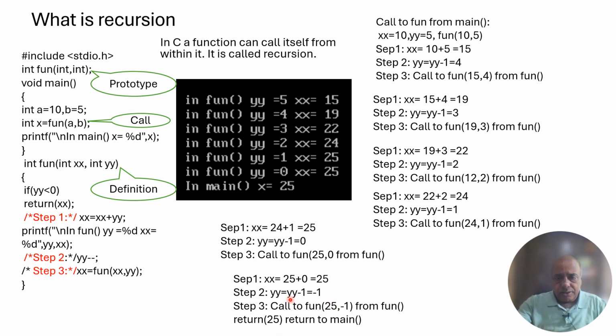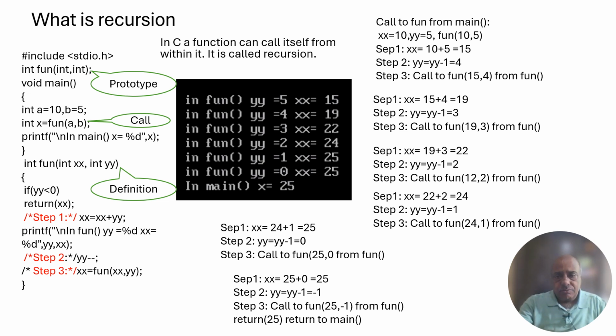When we call the function again at step 3 in this iteration, what we are sending to fun? 25 and minus 1 are the values we are passing to fun, and when yy is less than 0, this if statement evaluates to true and causes the function to return the value of xx to the main, where the variable x of the main collects this value and it gets displayed by this printf statement. In this way recursion works.